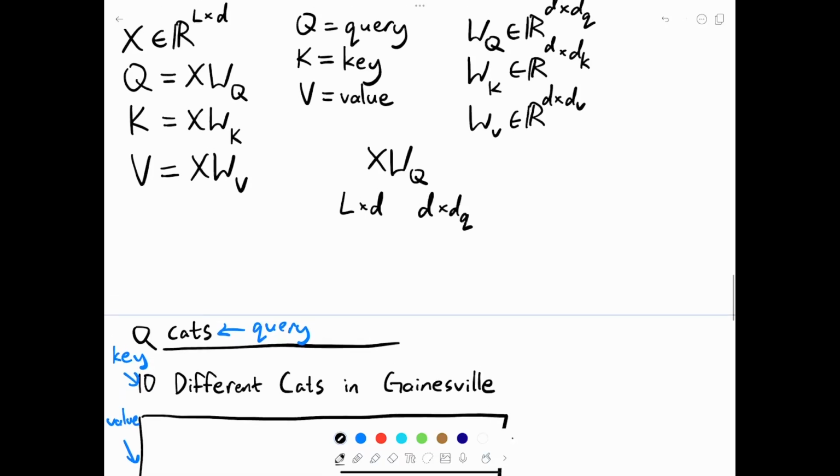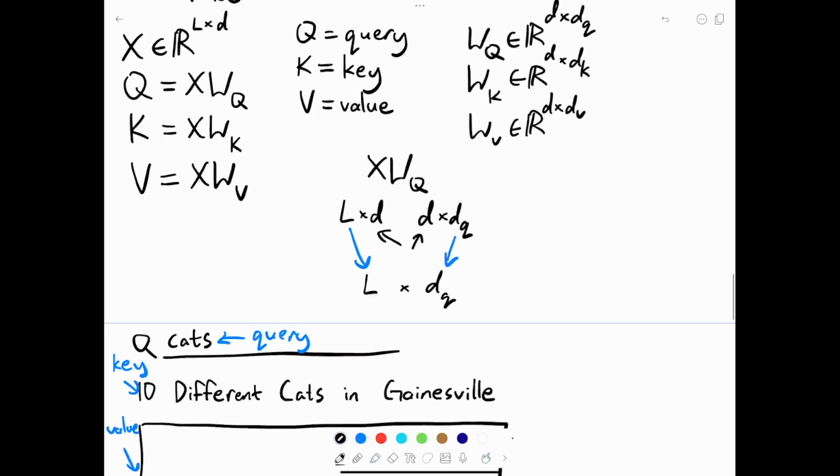And when you multiply two matrices together, essentially this middle dimension has to match. And then the resulting matrix will have only the outer dimensions. So if this is X and this is W_Q, then the output, which is Q, is going to have these dimensions.